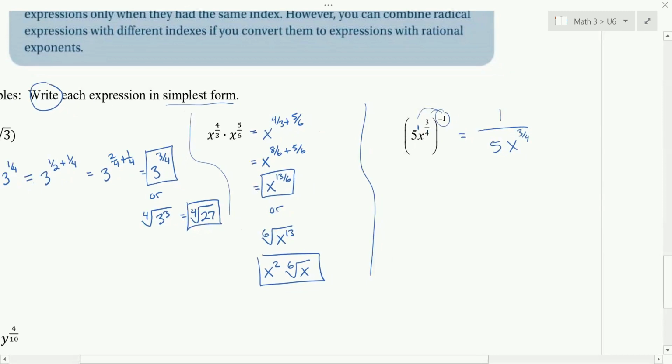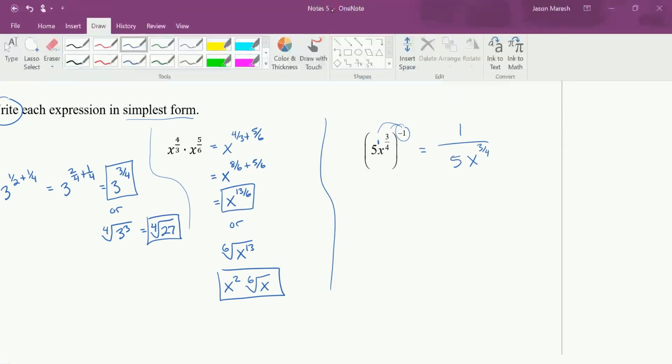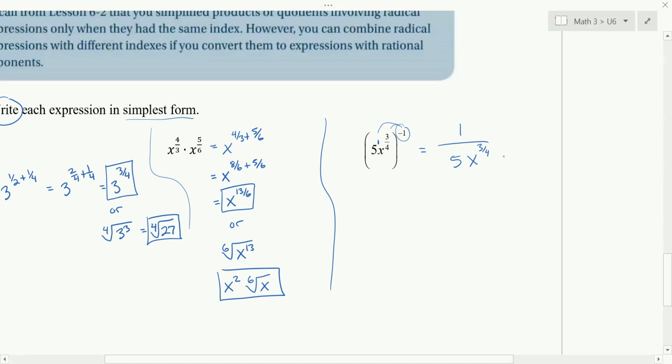So there are 2 ways to handle this. We can work with just the exponents and think, well, that x is fine. I just don't want a fraction there for an exponent. So I'm going to decide what I want to multiply that x to the 3/4 with, x to some power. What would I like? I get to pick any power I want.